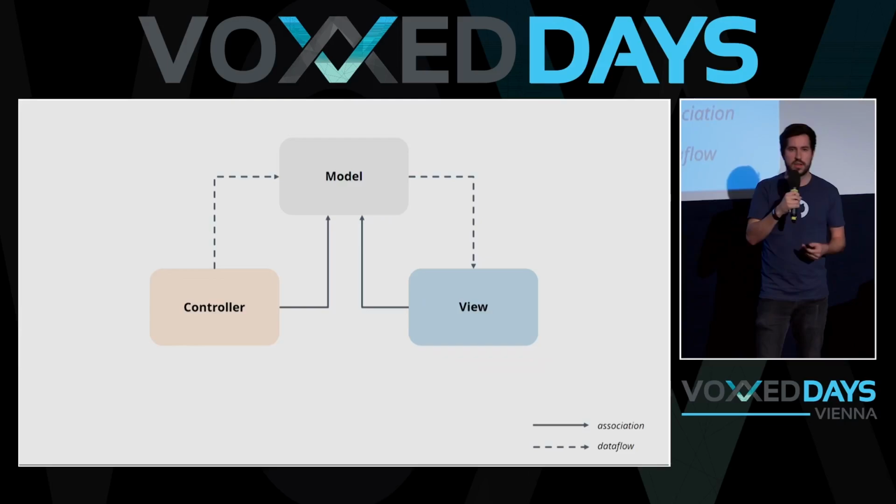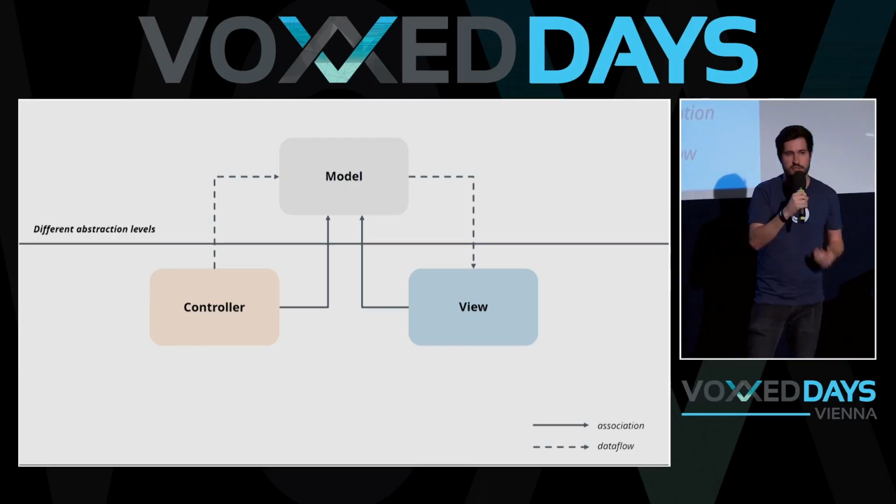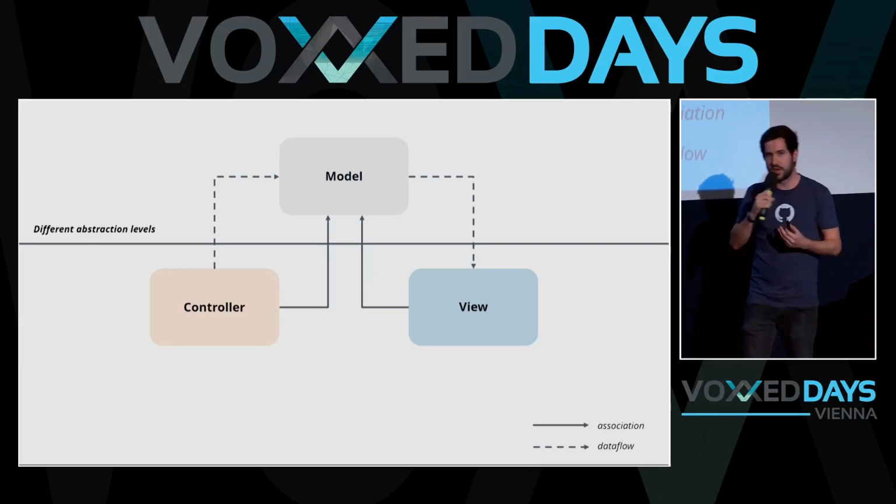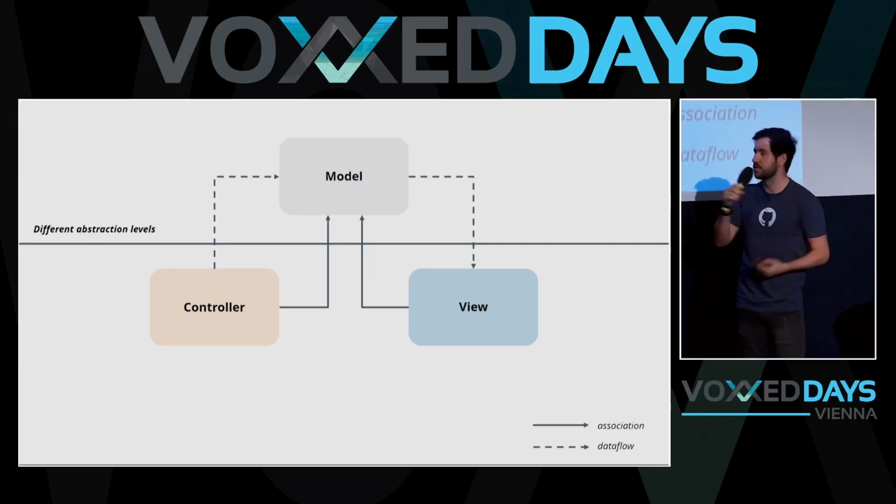And a very interesting finding, in my opinion, is this boundary here that tells us that we're operating on different abstraction levels in our software. So the model is on a different abstraction level than the view and the controller, because these two deal with technical details of presenting stuff, while the model doesn't know about that.